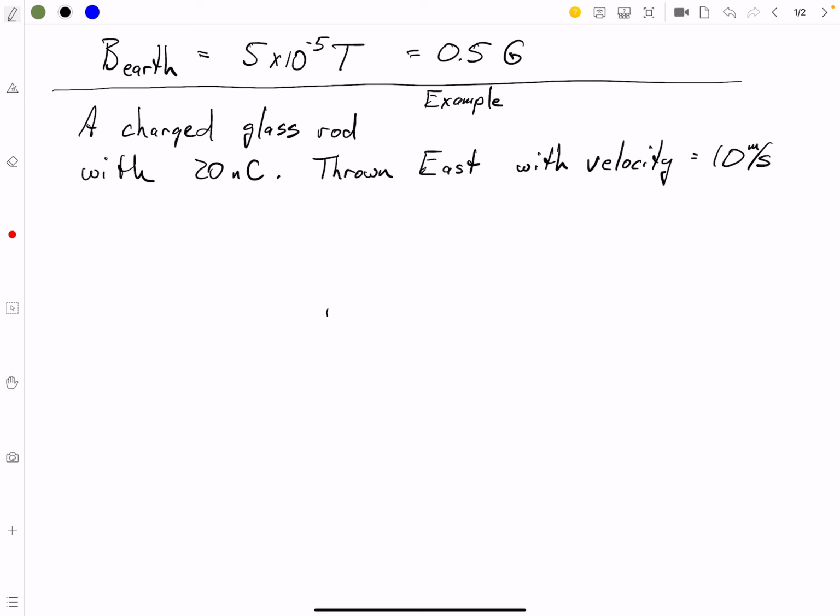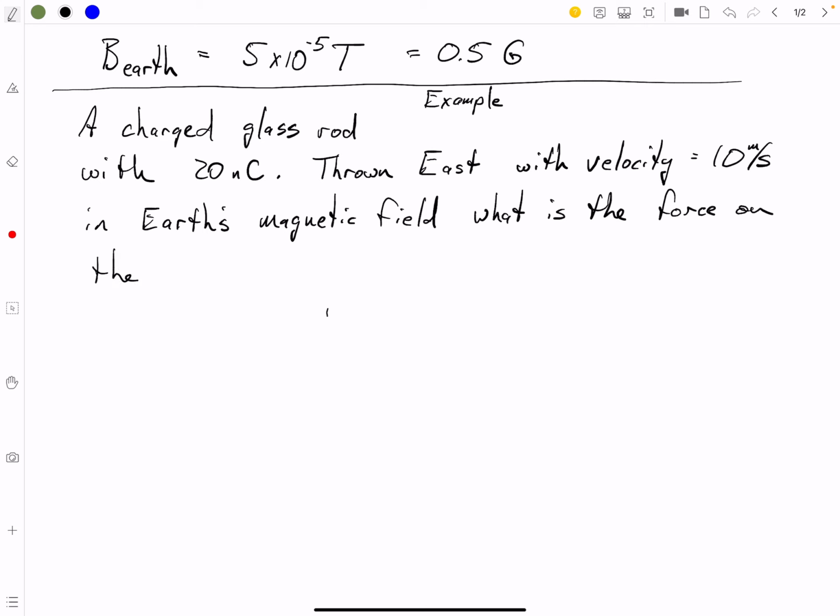What we want to know is, in Earth's magnetic field, what is the force on that rod?